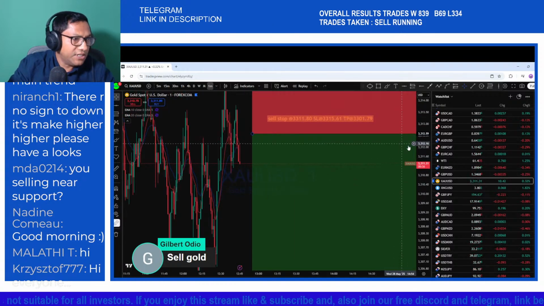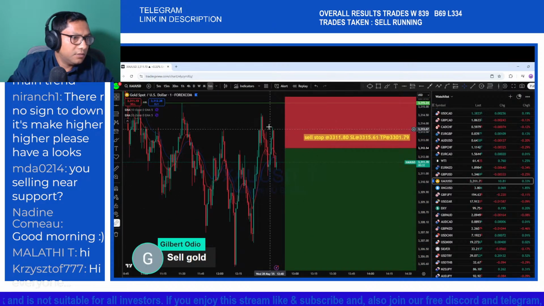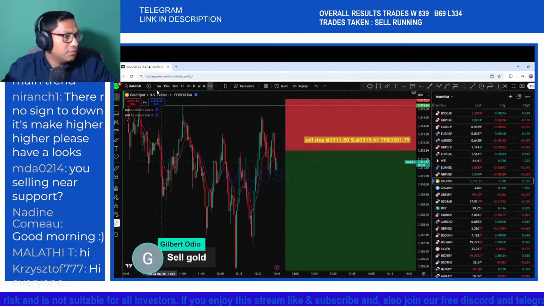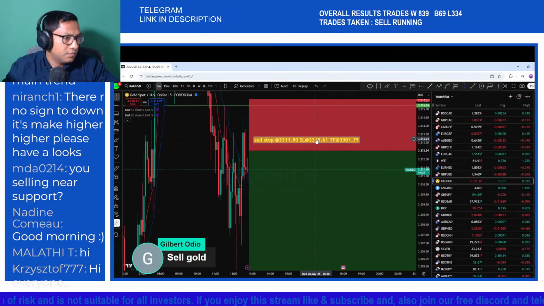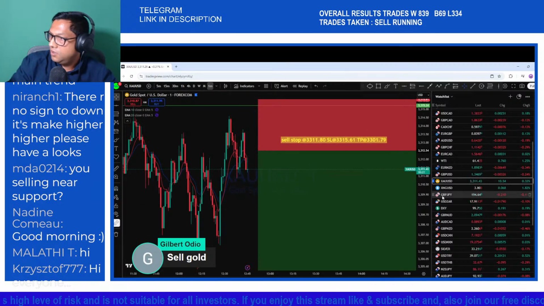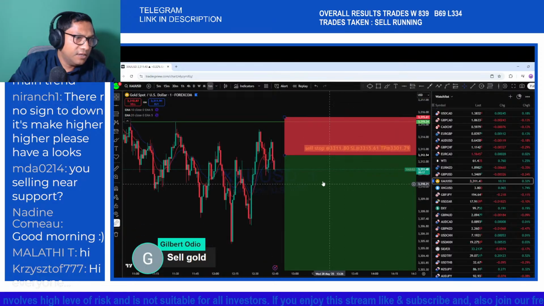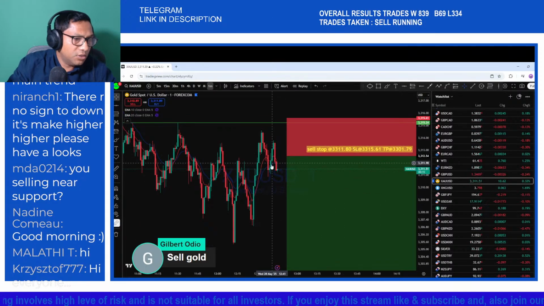which we might see. So potential, expecting a trend continuation here. We are on the sell side, and this is the 1 minute candle.